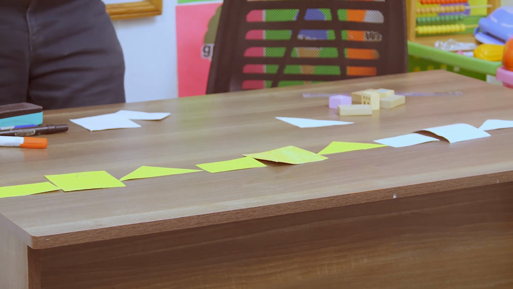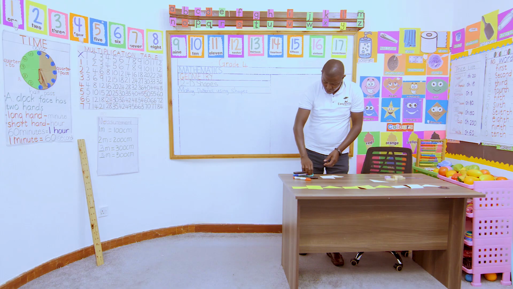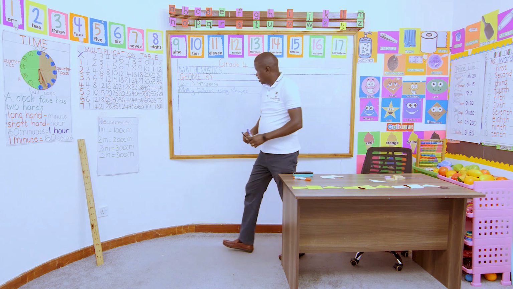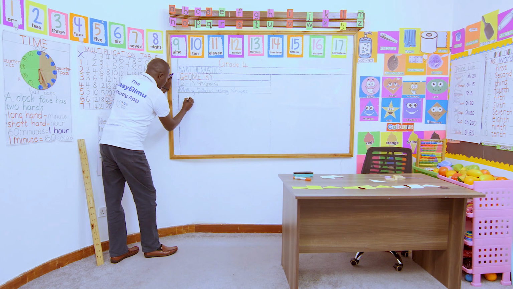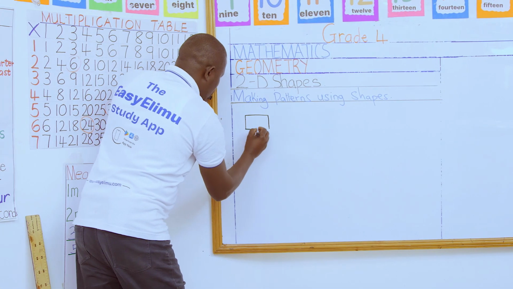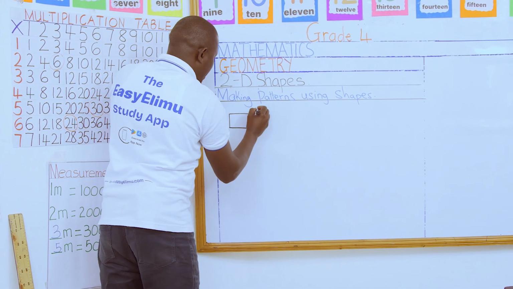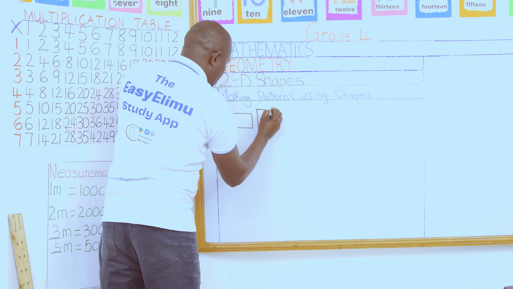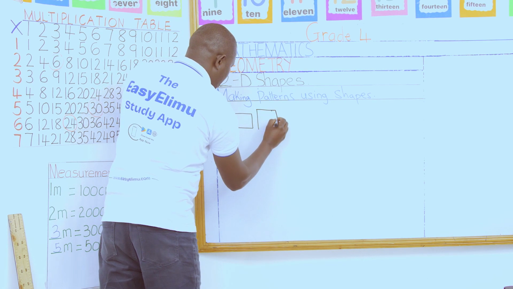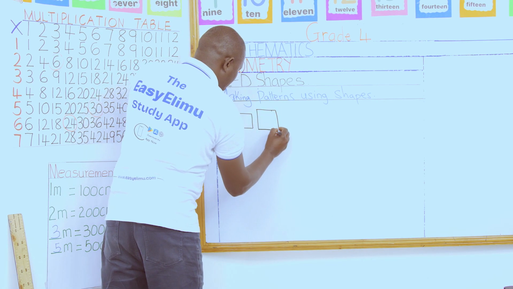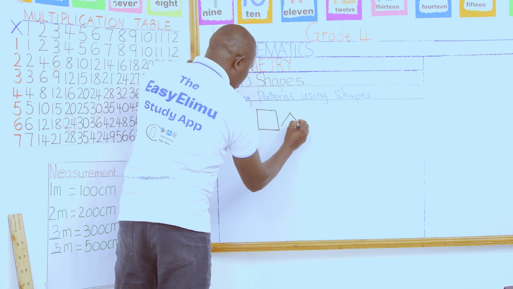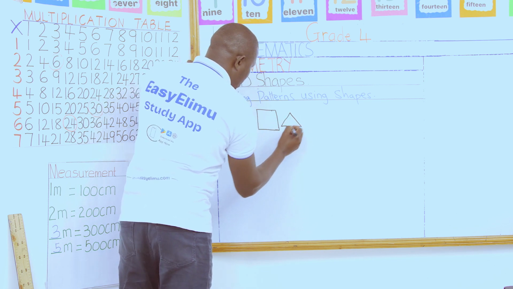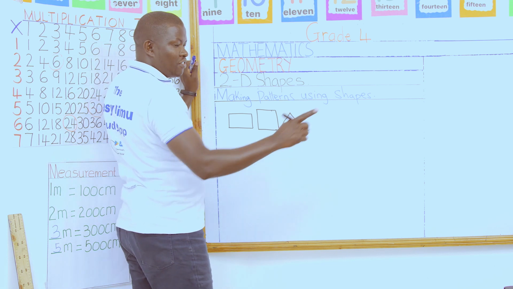Learners, this is a pattern that we have formed. Let me trace it here. We have started with a rectangle, which was followed by a square. After a square in our arrangement, we followed with a triangle. After a triangle, what followed now from there?